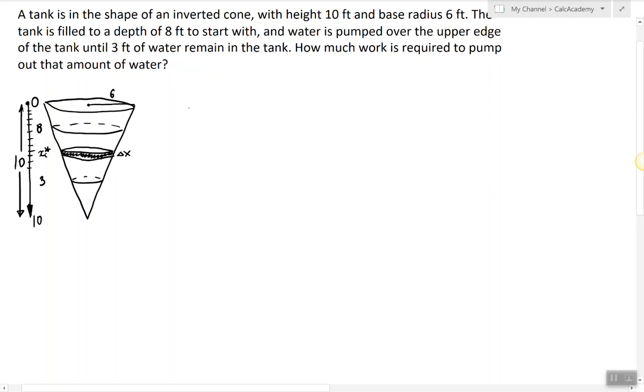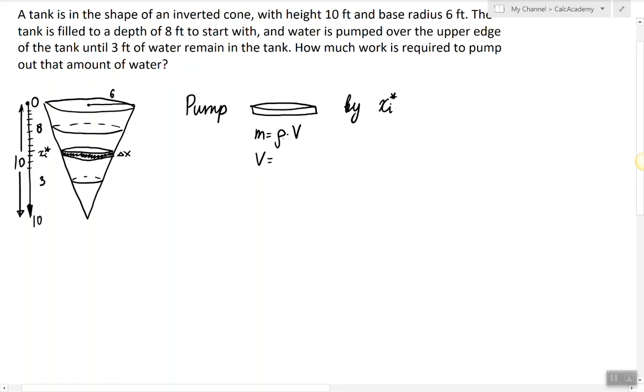So basically what we're doing here is we're pumping this much water. How high? We're pumping it this high. To find the mass of this layer, we're going to multiply the density by the volume.